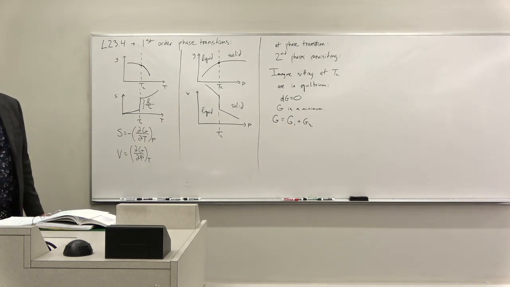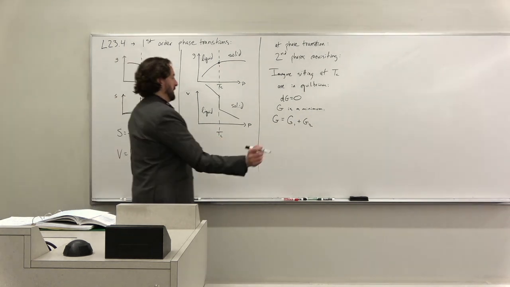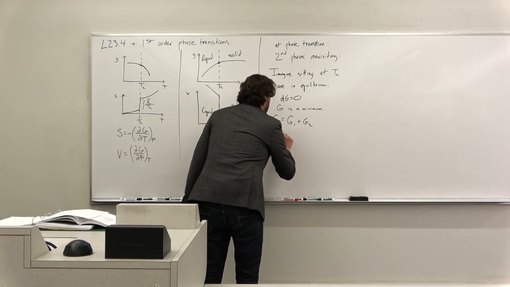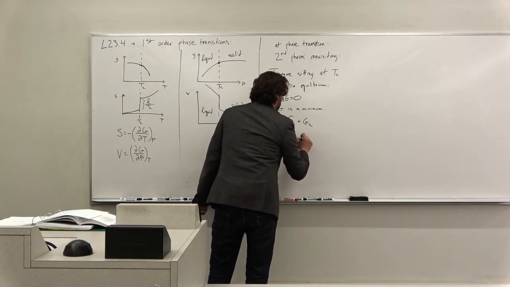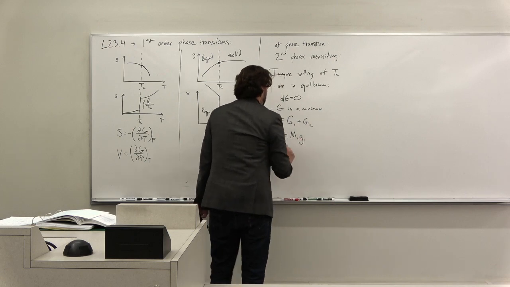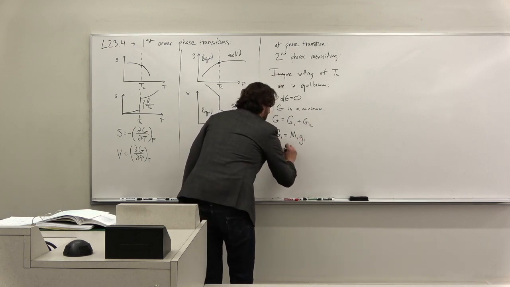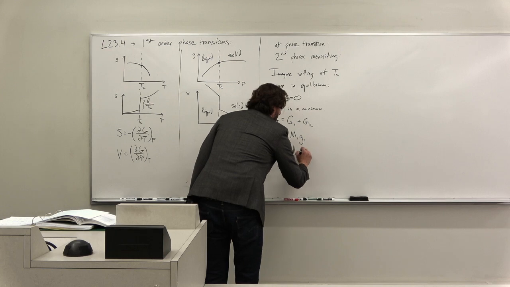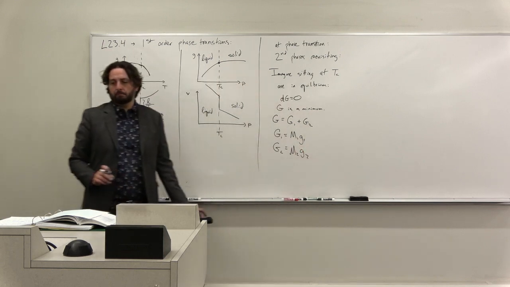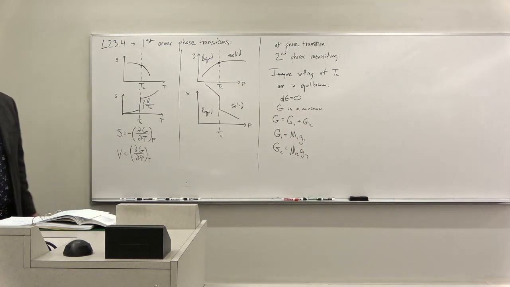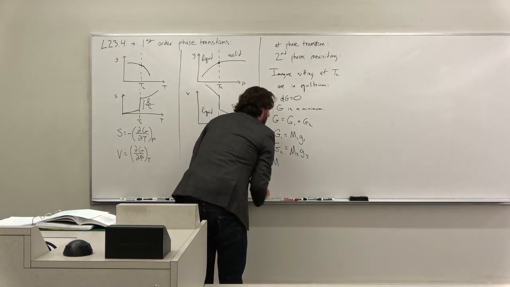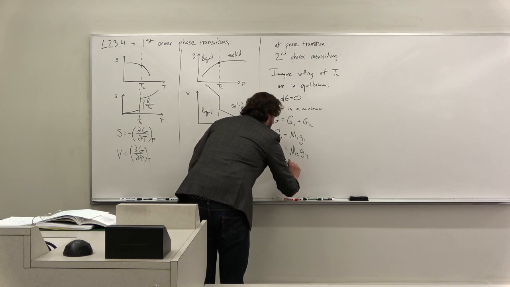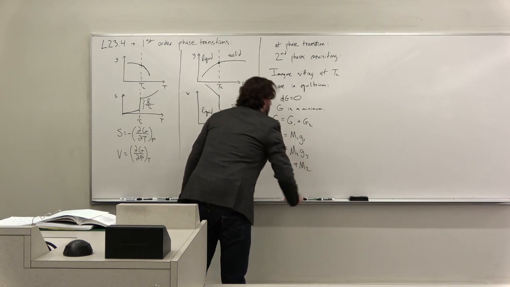And so we can say that, for example, G1 is the mass of 1 times little g1, and G2 is the mass of 2 times little g2. But we also know that the total mass must be conserved, right?